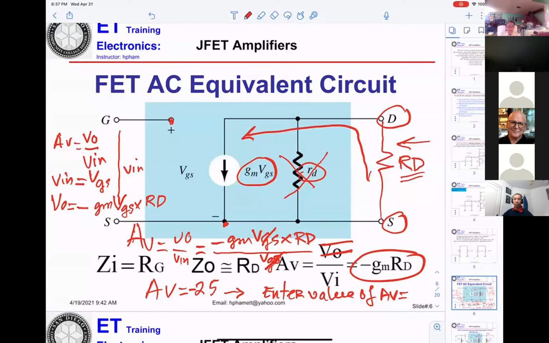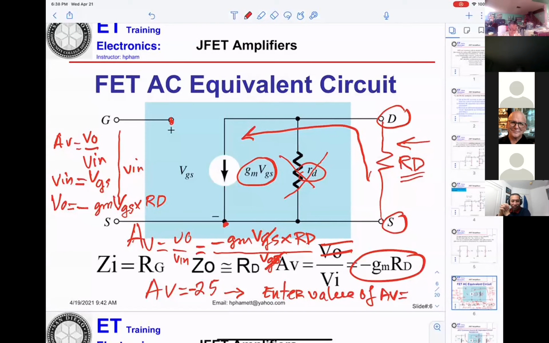Mr. Smith, can you tell me? I gave you the calculation, you get AV equal minus 25. When I ask you to enter the value of the gain, what value do you enter? 25.